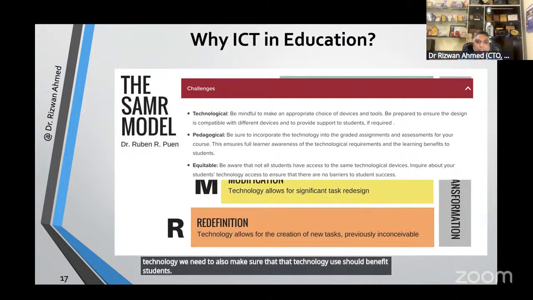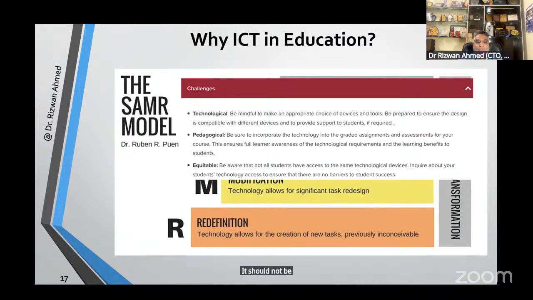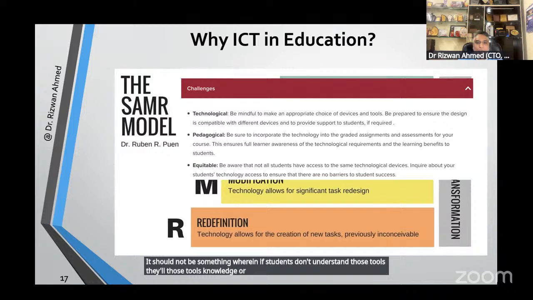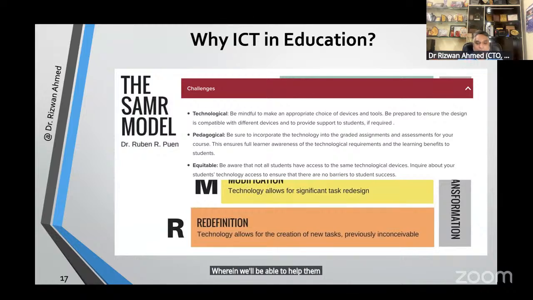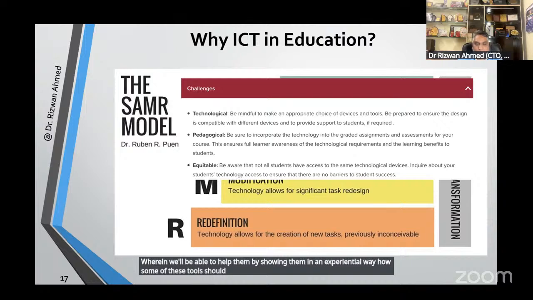It should not be that if students don't understand those tools, or how to use them to submit their assessments, it impacts their grades. So we need to create a structure wherein we help them by showing them in an experiential way how some of these tools should be used in a good way.